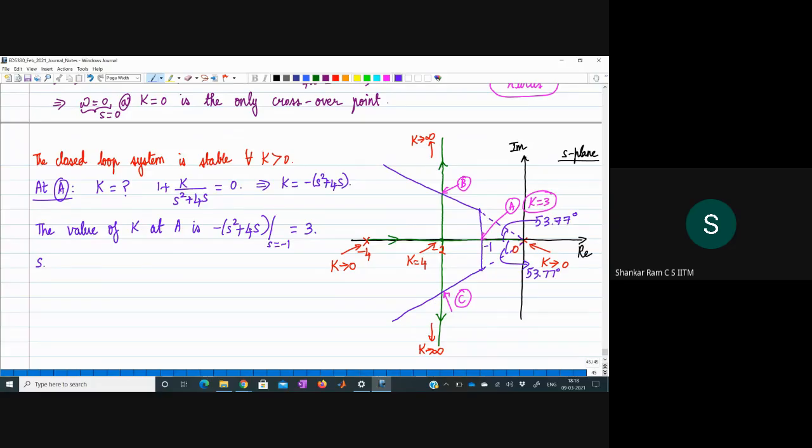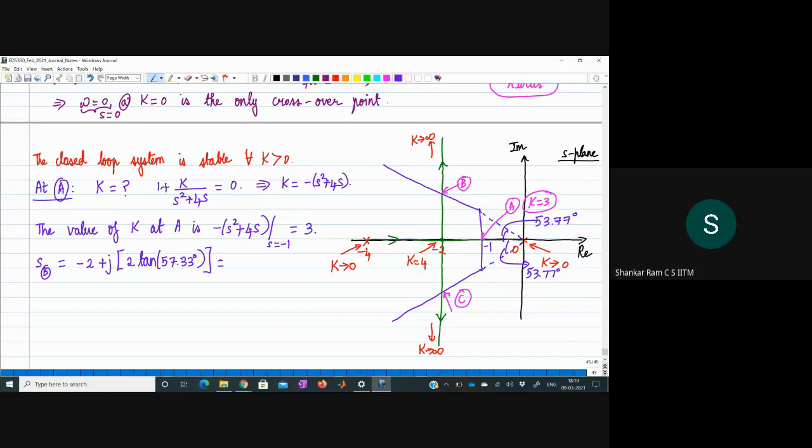Now, how do I find the value of s at point B? I need to substitute for s. The real part is -2. What do you think will be the imaginary part? It will be 2 times tan 57.33.